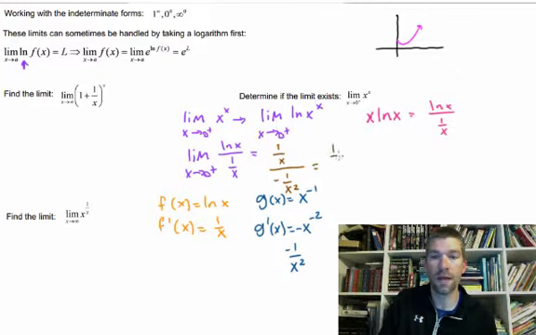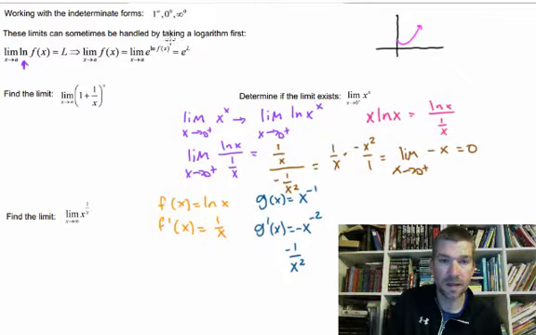So this is 1 over x times negative x squared over 1. And the x's cancel in this case. And so you end up with the limit as x approaches 0 from the right of negative x, which is 0.